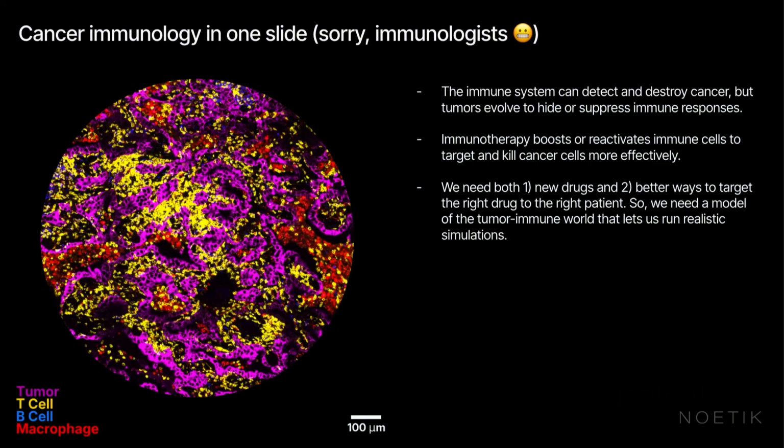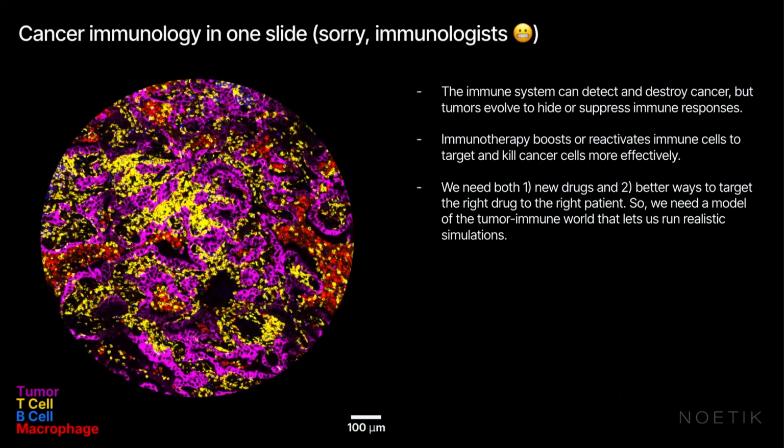But the other thing that I was interested to learn when I started working in this space is that there's a lot of drugs that have progressed in various clinical trials, and they fail because there's just a mixed response. For some patients, they work really well. For other patients, they don't work at all. And we don't have the right way of targeting the right drug to the right patient.